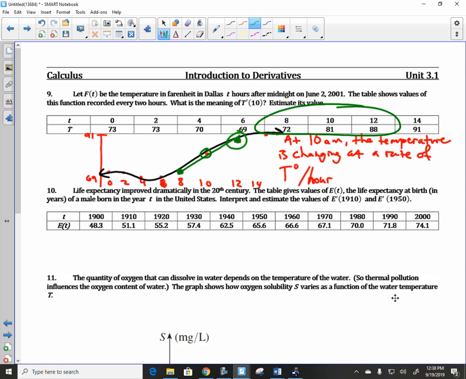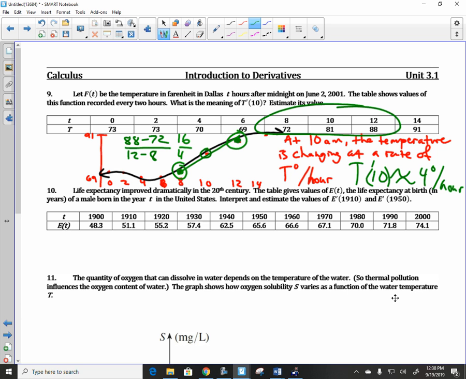What's the y value here at 12? 88 minus 72, divided by, what's the x values? 12 minus 8. So 88 minus 72 is, what, 16? 16 over 4. So T prime of 10 is approximately 4 degrees per hour.